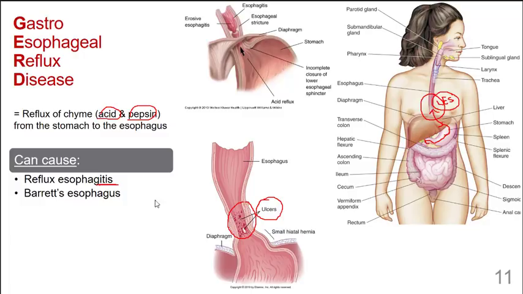Okay, the next very important point to make is that individuals could end up developing what's referred to as Barrett's esophagus. And this is when the normal esophageal epithelial tissue is replaced with cells that look like gastric epithelium.